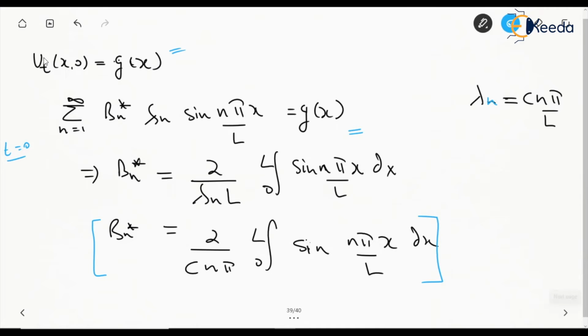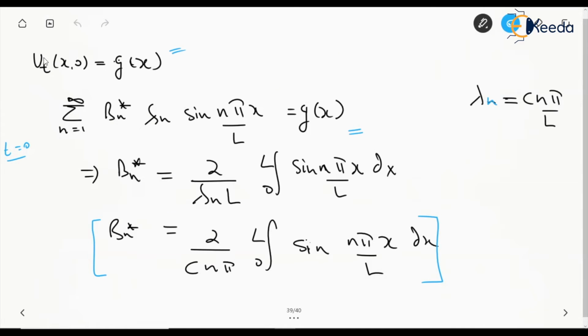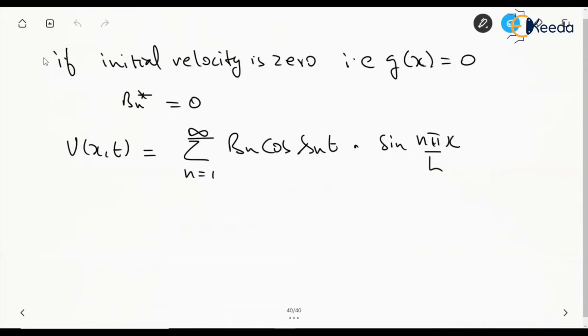Now, finally, what if the initial velocity is 0, that is g of x. If the initial velocity becomes 0, then this bn star is going to be 0. And if bn star is going to be 0, from the standard equation we have found, the bn star term will get off, and we will be left with bn cos lambda n t into sin n pi by l into x.